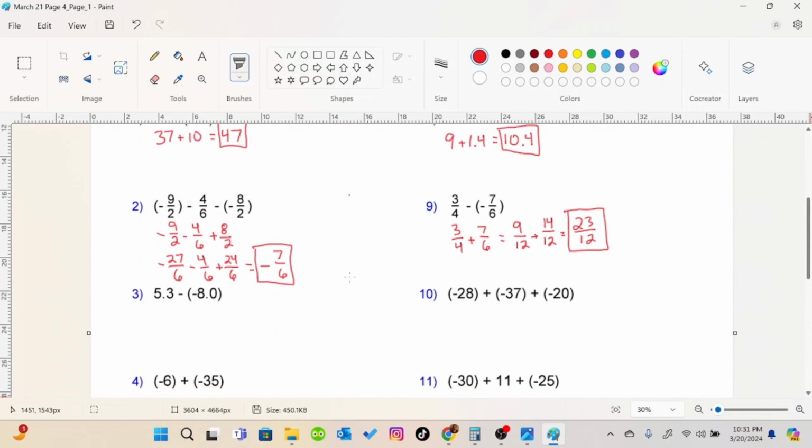Number 3. Minus a negative becomes addition. 5 plus 8 is 13. And 0.3 plus 0.0 is just 0.3.